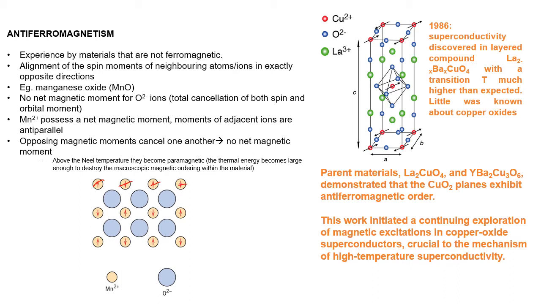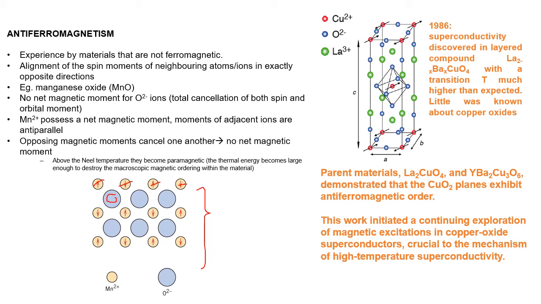And for oxygen, there is already total cancellation of both spin and orbital moment. So for this kind of material there is no magnetic moment, so it will oppose the applied magnetic field.